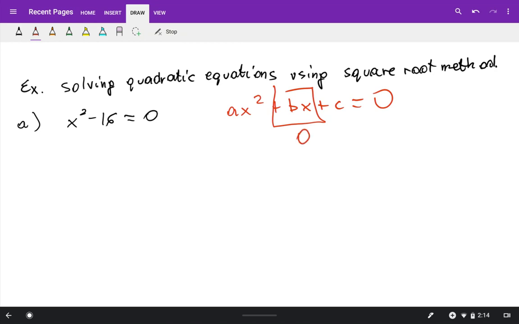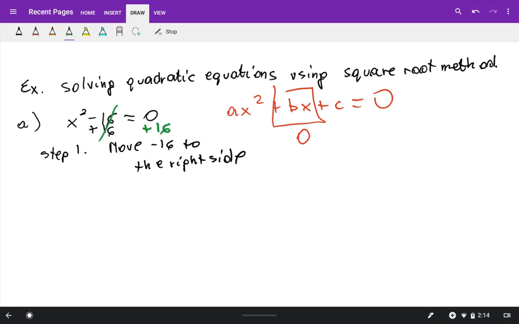Okay, so what we're going to do, step 1, move negative 16 to the right side. So we're going to add 16 to both sides, and we'll end up with x squared is equal to 16.